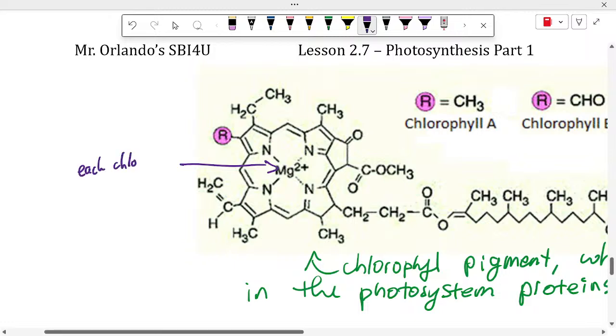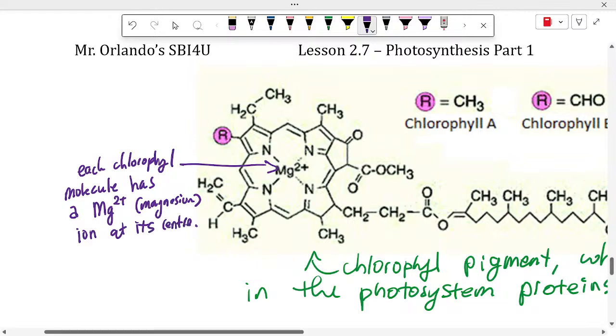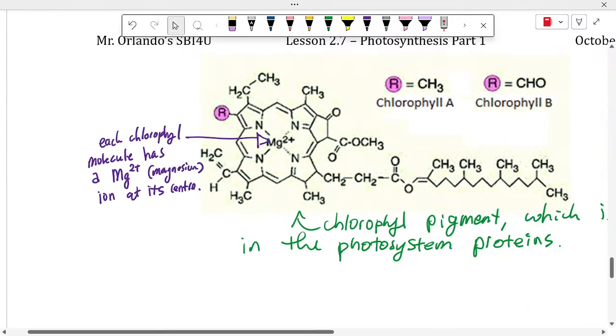Each chlorophyll molecule has a Mg2+ magnesium ion at its center.